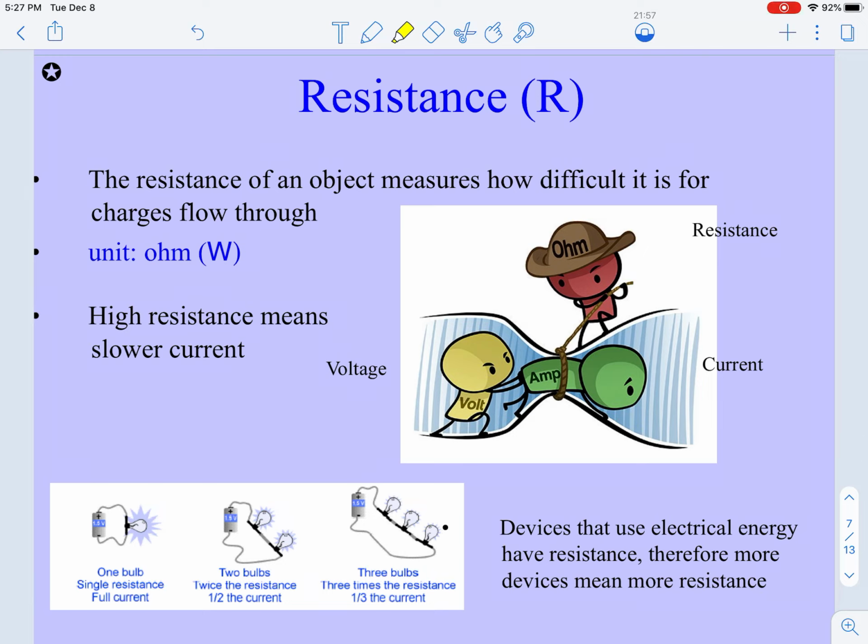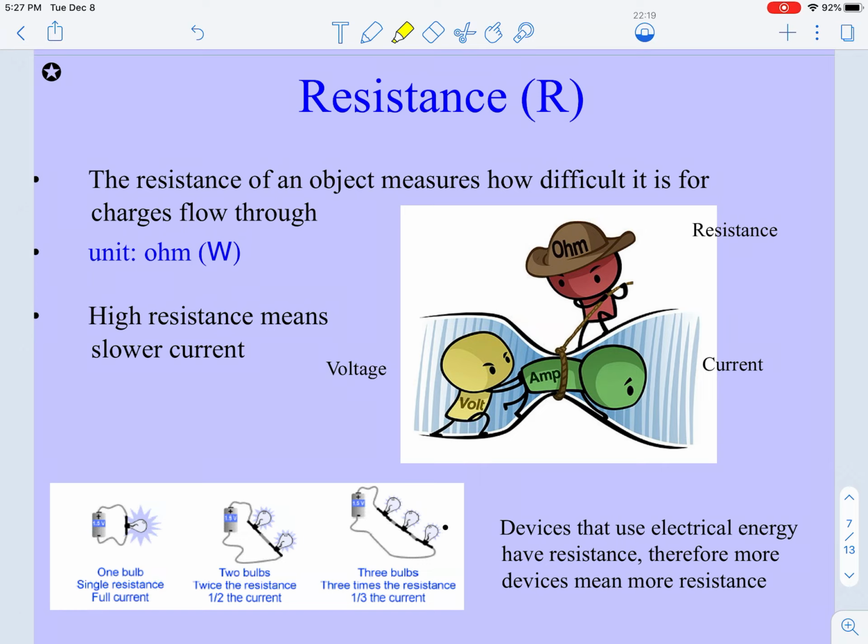We have our voltage, which is the reason that the electrons are moving in the first place. So we describe it as the quote-unquote push, and you can see in the animation or in the drawing, it's literally pushing the current through, which I think was so amusing.